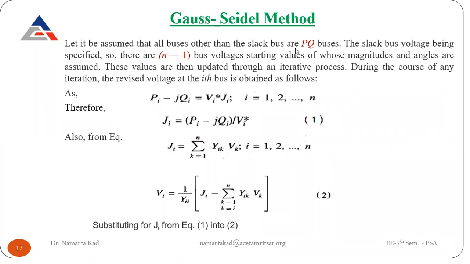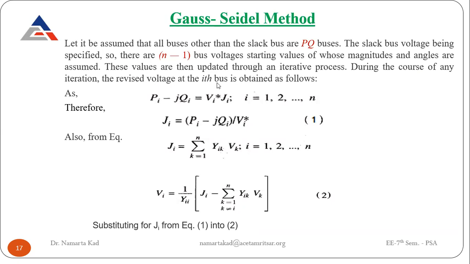For the slack bus, voltage and angle are generally taken as 1 angle 0 degree per unit, whereas for the other n-1 buses, the voltage magnitudes and angles are to be assumed.